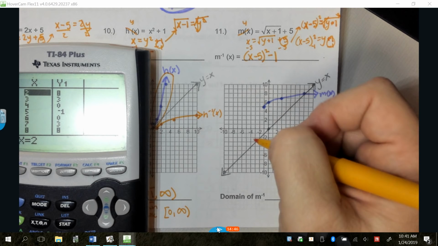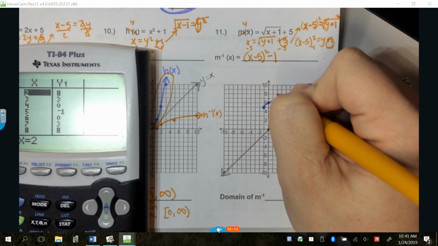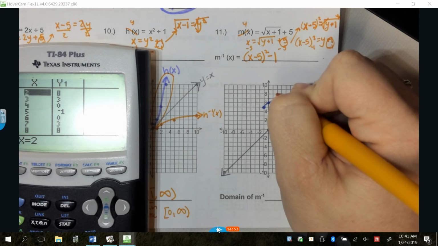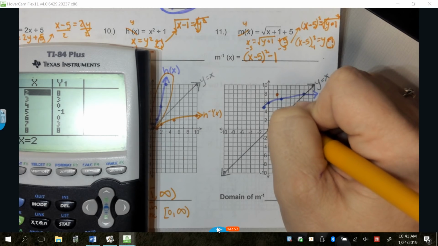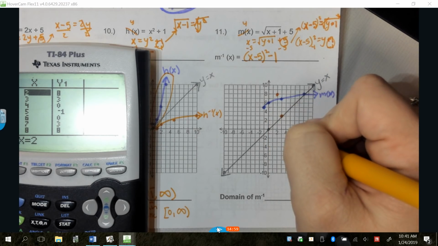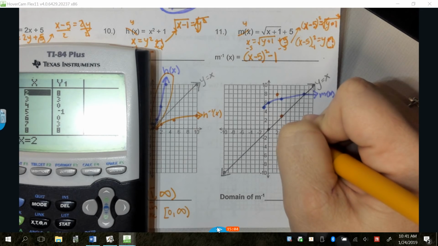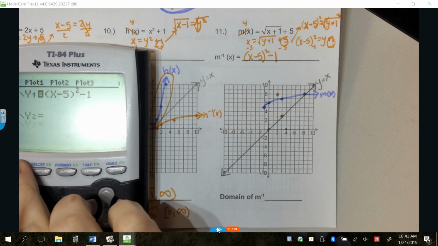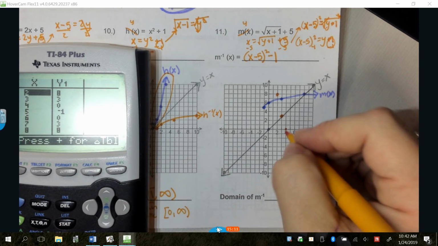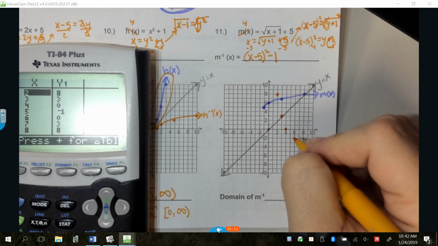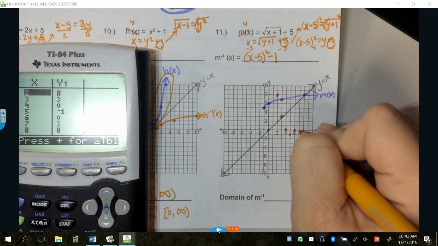There's my rainbow. So 2, 8, 3, 3, 3, 4, 0, -1, 6, 0.